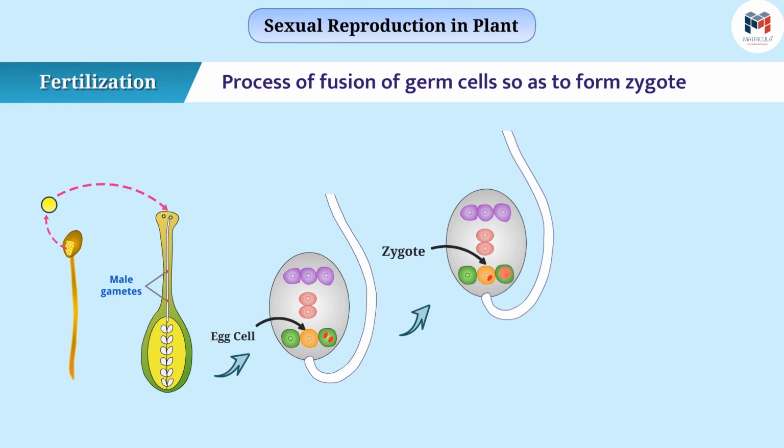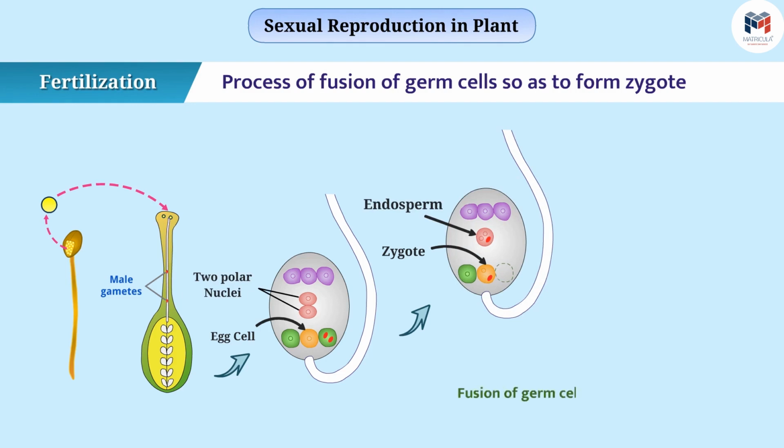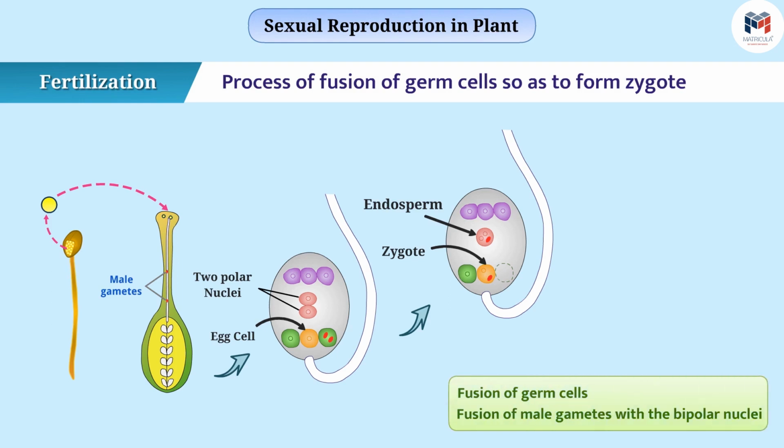Similarly, the second male gamete fuses with two polar nuclei to form an endosperm. Since there are two types of fusion in the embryo sac, fusion of germ cells and fusion of male gametes with the polar nuclei, such kind of fertilization is called double fertilization.